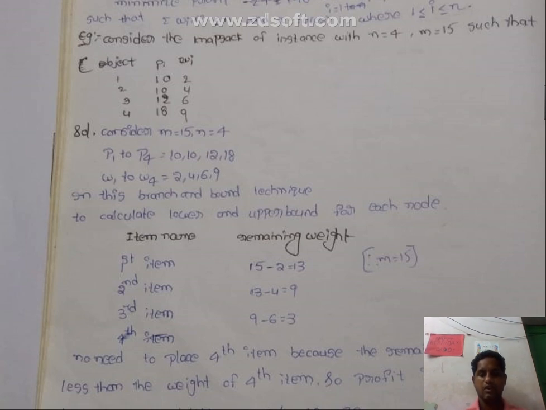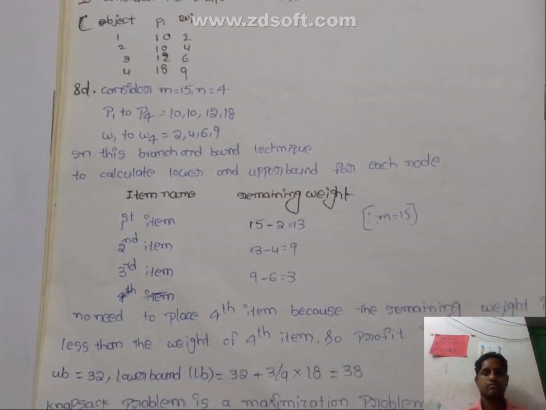See, first item, the weight of the first item and the remaining weight. The first item is 2, the total weight equal to 15, so 15 minus 2 equal to 13.